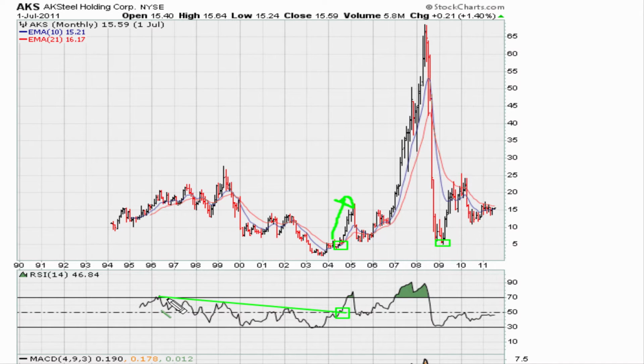Now extend the same line, and what you see is that it was tested again with a successful bounce on the green line, which was for the lows of 2005, and of course eventually the stock would rally and move higher.